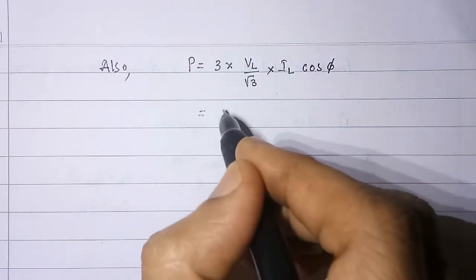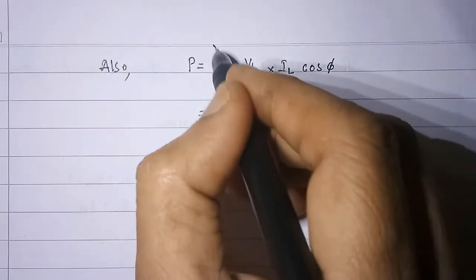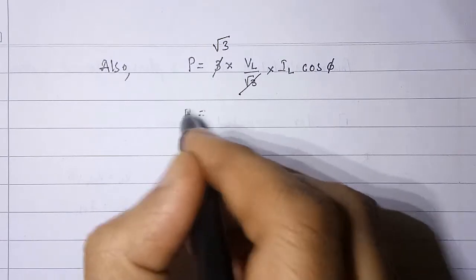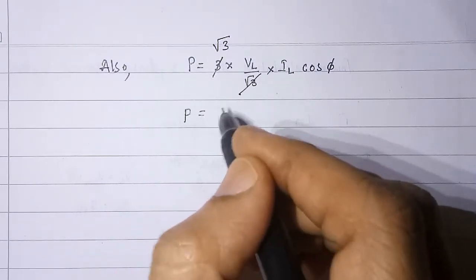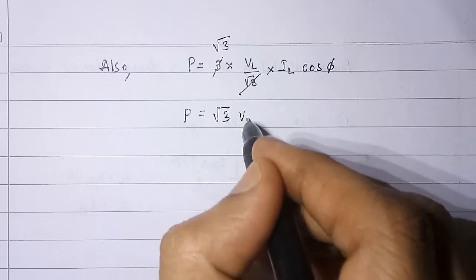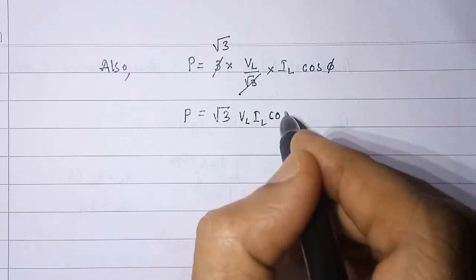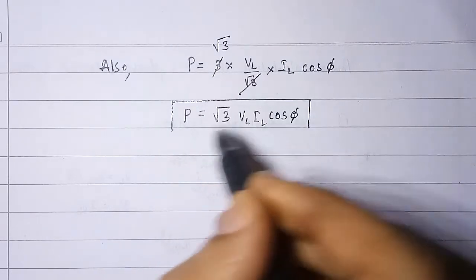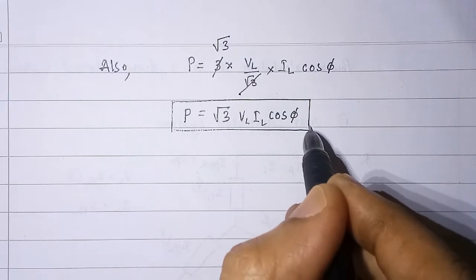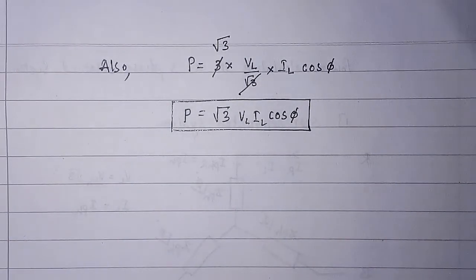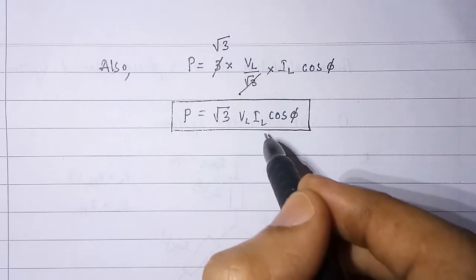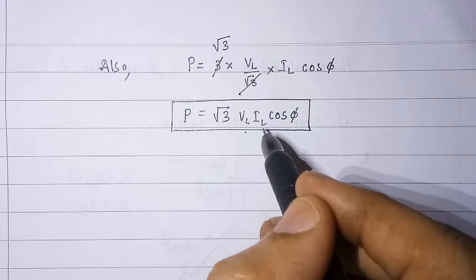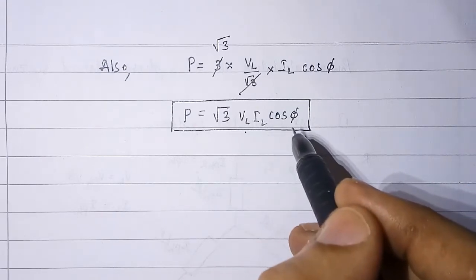So here root 3 and 3 will get cancelled, giving out root 3. So power consumed P becomes equal to root 3 into VL into IL into cos phi. When we take line quantities, power may be calculated as root 3 times line voltage into line current into cos phi.